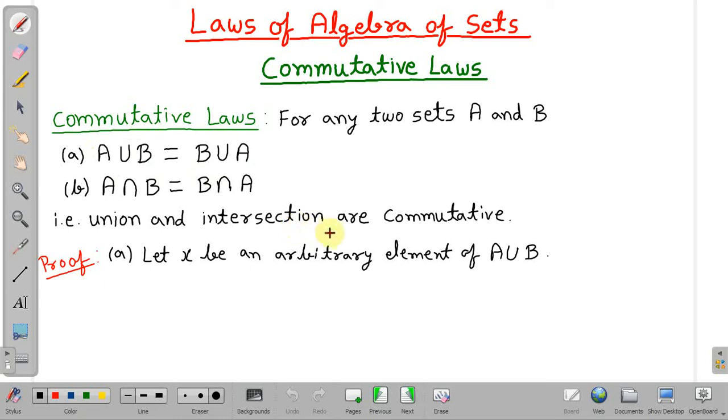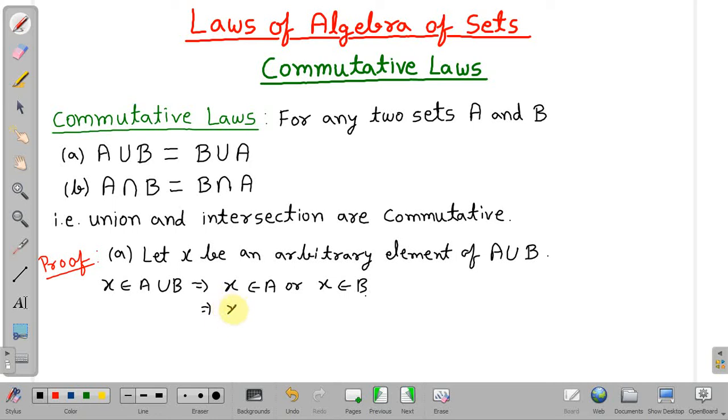Suppose x is any element of A union B. So we have assumed a general element of set A union B. We can write x is an element of set A union B. It means x is an element of set A, and union means OR, so we write OR, x is an element of set B. As we know, in sets order has no importance, that is, you can write elements in any order.